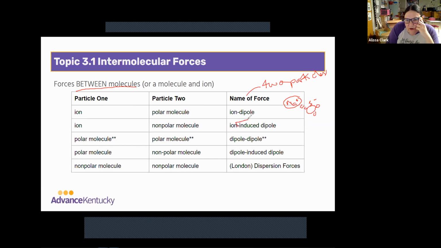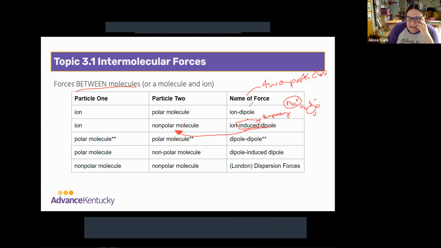Anytime you see the word induced, induce means to cause to happen, kind of like if you induce labor, right? So when we induce a dipole, it's going to be temporary. That means anytime we see the phrase induced dipole, the molecule involved is nonpolar, and we are generating a temporary dipole in that nonpolar molecule.